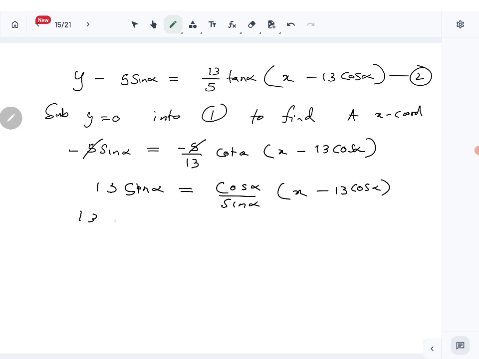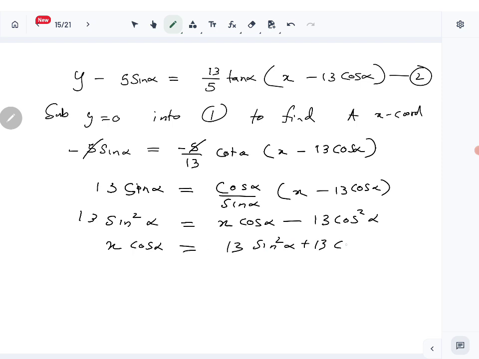Multiply the sin alpha out, you get 13 sin squared alpha equals x cos alpha minus 13 cos squared alpha. Then x cos alpha is equal to 13 sin squared alpha plus 13 cos squared alpha. Then x is equal to 13 over cos alpha. Because of the Pythagorean identity, you can take 13 out, then you get sin squared alpha plus cos squared alpha, which is 1.